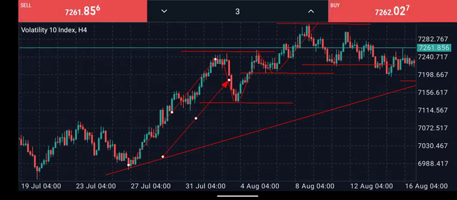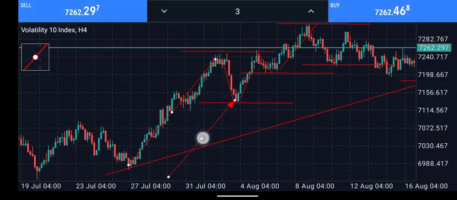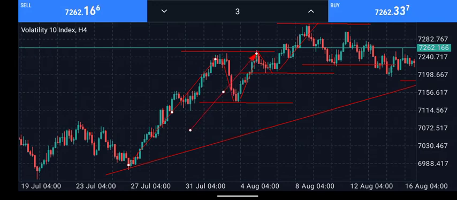Are you getting it? Anytime the market forms lower highs, or forms a higher low, it means the market is pulling back to continue. See now, it pulled back to form a higher low, and then what happened? It formed another higher high. So it's very, very important you know that.